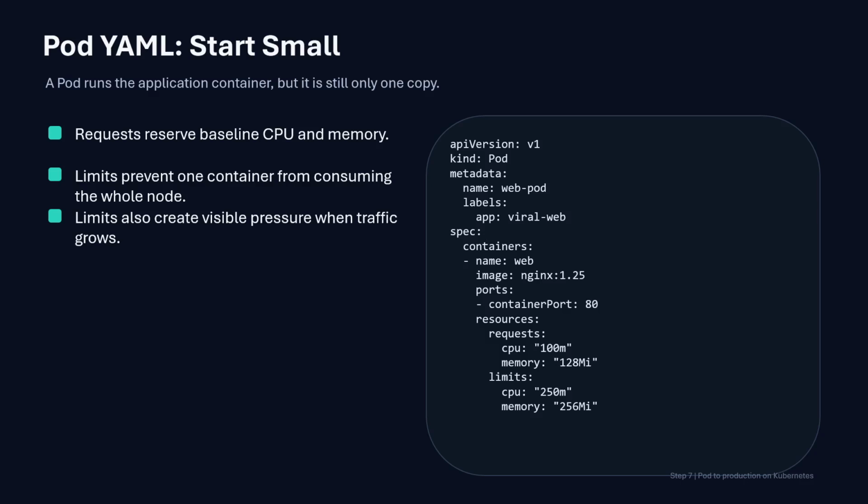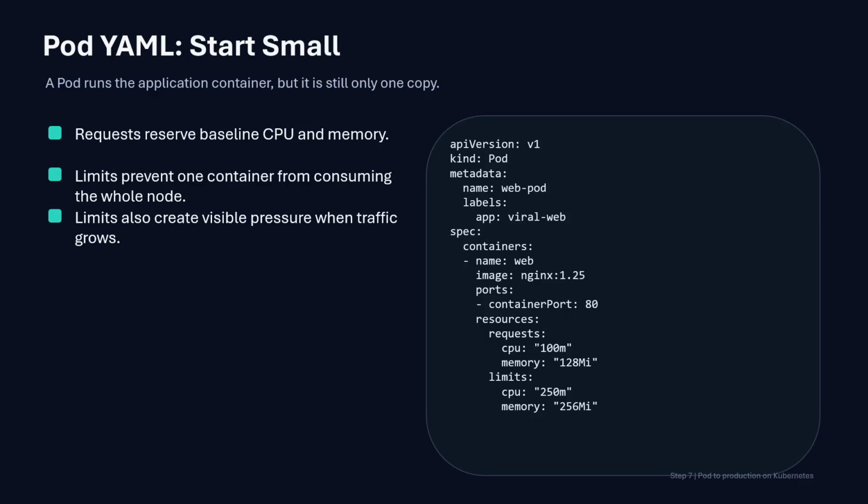The labels are very important, because if any other Kubernetes object is trying to communicate with your pod, the service will use these labels. And there is another important parameter here, resources. In resources, you can see two blocks: one is requests, another is limits. Requests is your baseline.